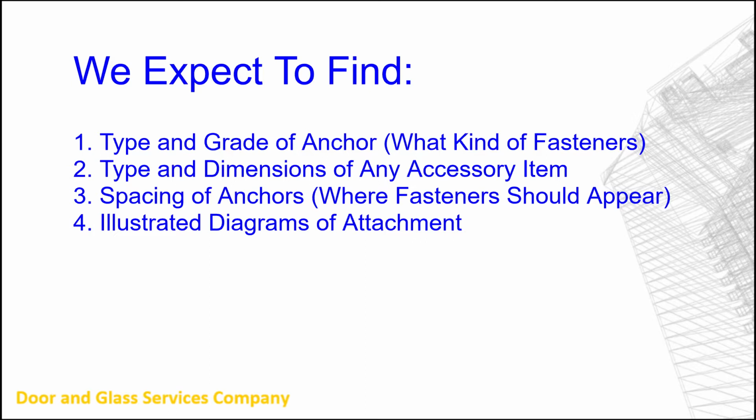So items number 1 through 3 are going to be plain old written descriptions of the things that make up this product. And finally, we should have illustrated diagrams that show the attachment, how the product is oriented and arranged with respect to the substrates that surround it.